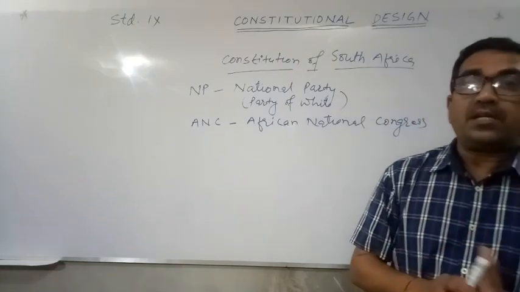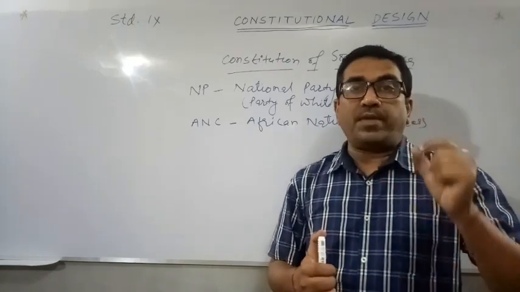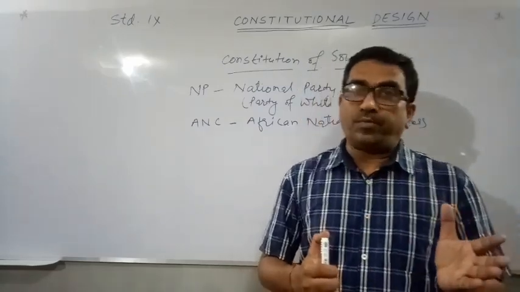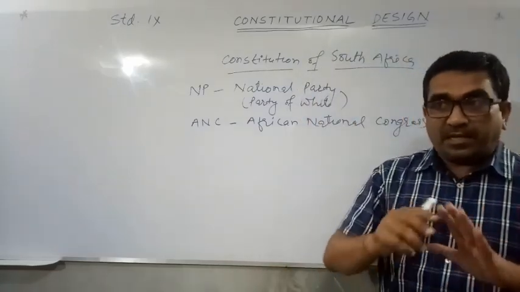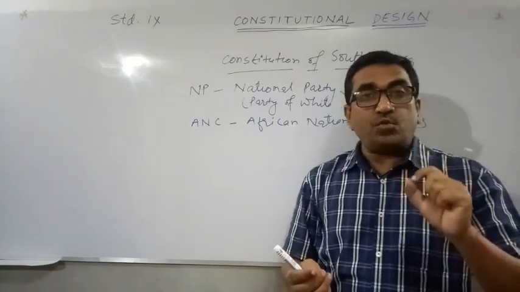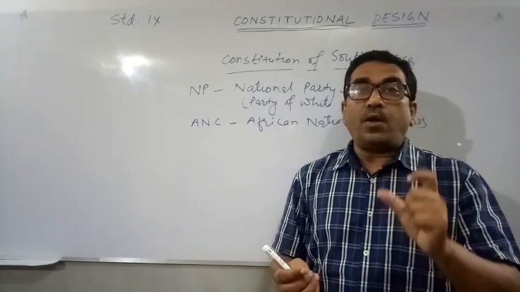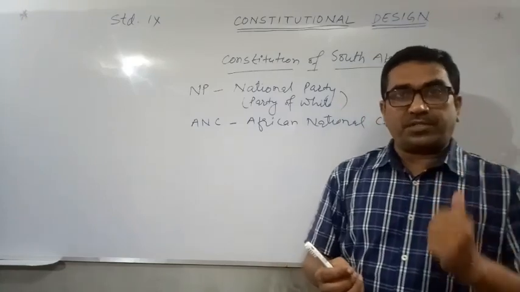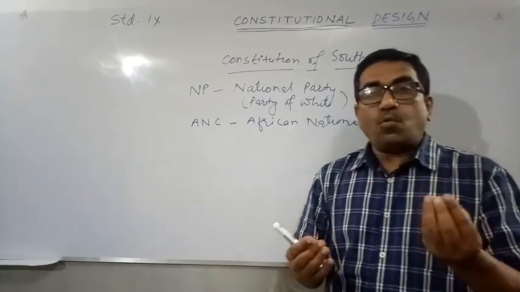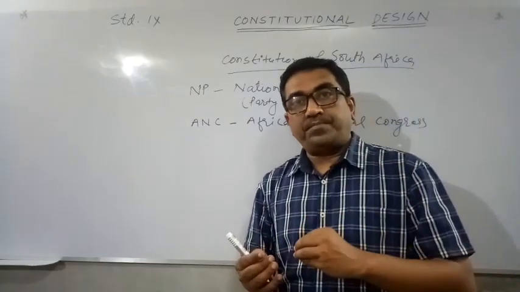The most affected people were the blacks, who constituted 3/4 of the population. Even now, blacks constitute around 80% while whites constitute around 10%. It means blacks were the majority and whites the minority.